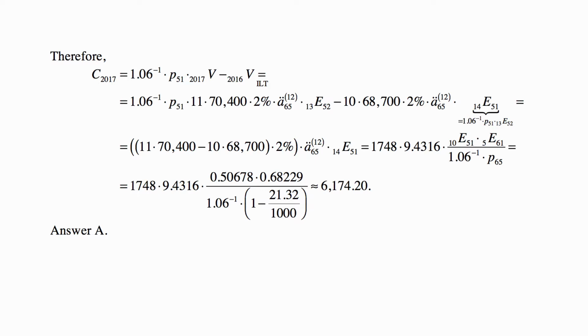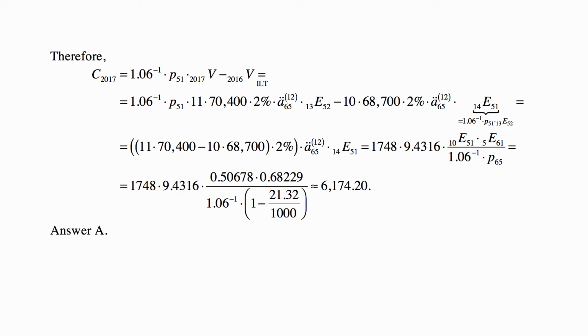Well, that is actually at the beginning of the first expression that we have there. So we really have 14E51 in both of them, and we have the annuity factor in both of them. So we put them at the end, and then everything else we put in the parentheses. And the thing in parentheses can be calculated pretty quickly. The annuity factor is known, and the only thing that we need to figure out is this 14E51.